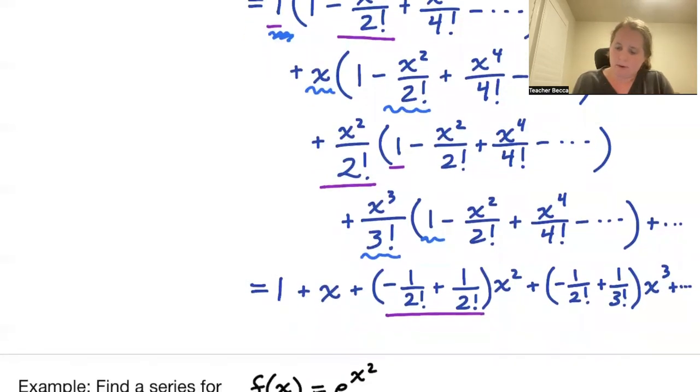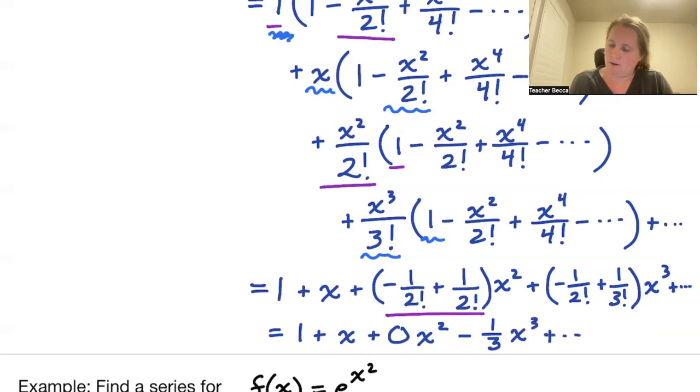So we have 1 plus x. The x squared term disappears, so we have plus 0x squared. And then we would have 1/6 minus a half, which would be a minus 1/3 x cubed.